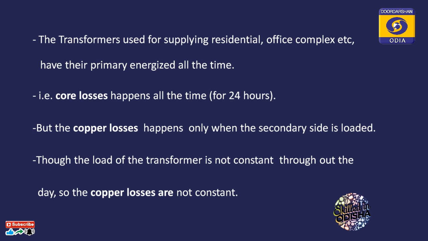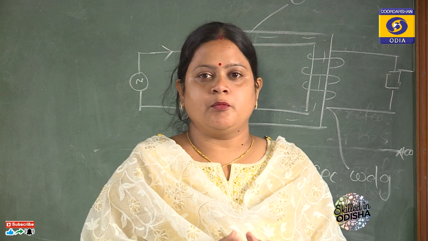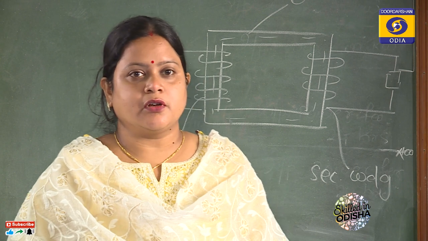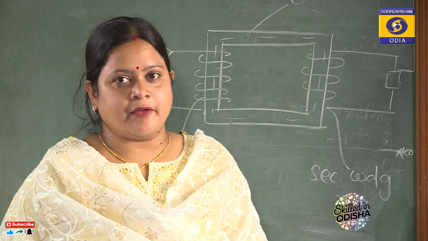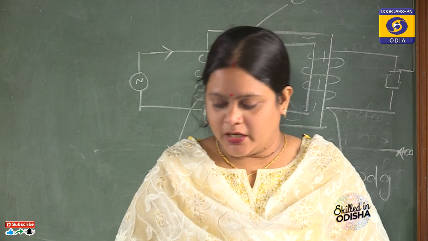Though the load of the transformer is not constant throughout the day, the copper losses are not constant. Since this distribution transformer load is not constant, the copper losses are also not constant throughout the day. Over 24 hours the copper loss is varying.